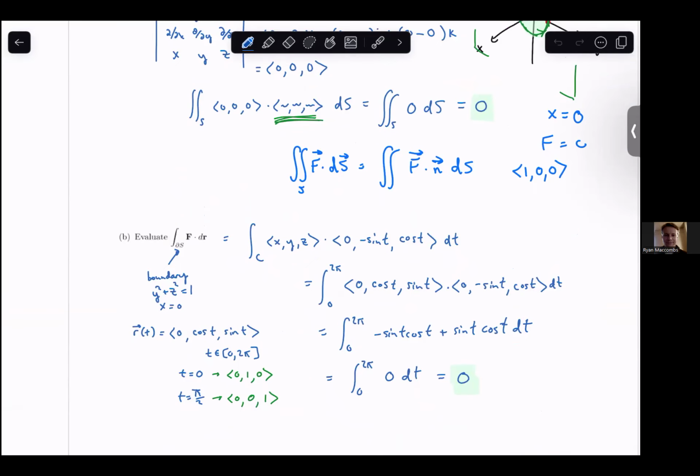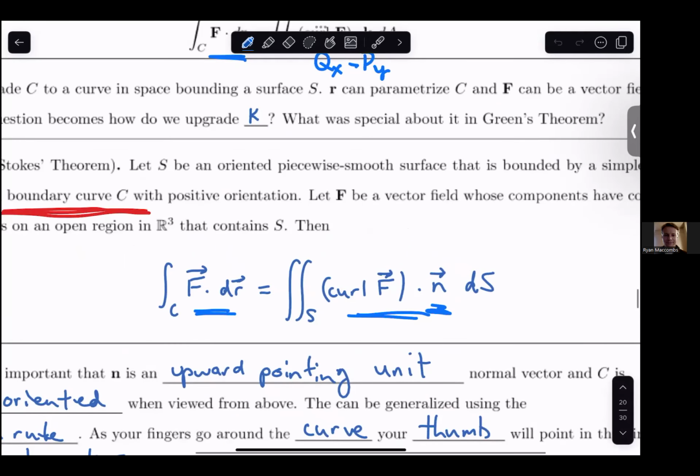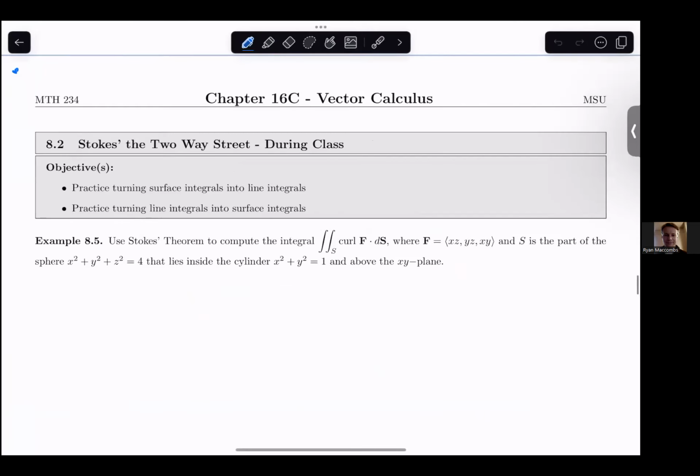In general, I typically find line integrals are a little bit easier. And so you would think that when possible we'd be swapping from a surface integral into a line integral. And this is the main way that we'd use this equals. But it actually turns out, and we'll see here, that there are times where you'd want to switch either way. So let's go ahead and transition and start to look at our new problems for today.